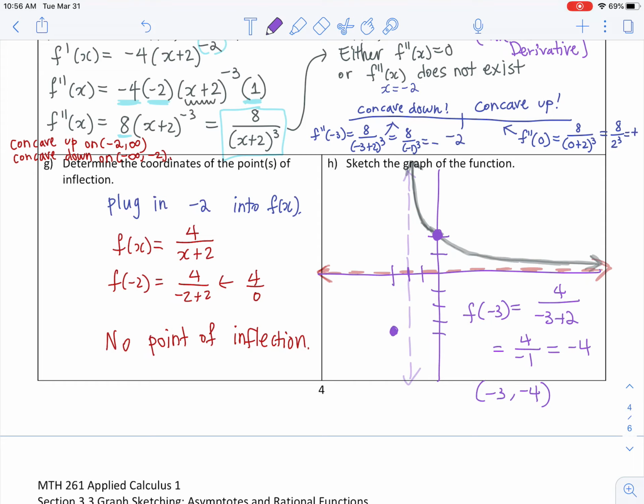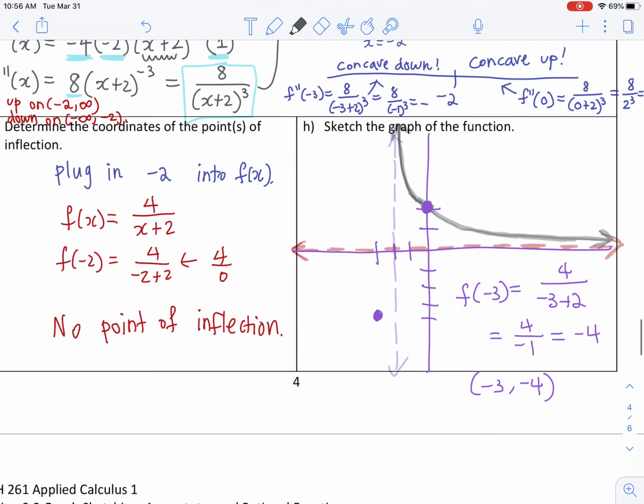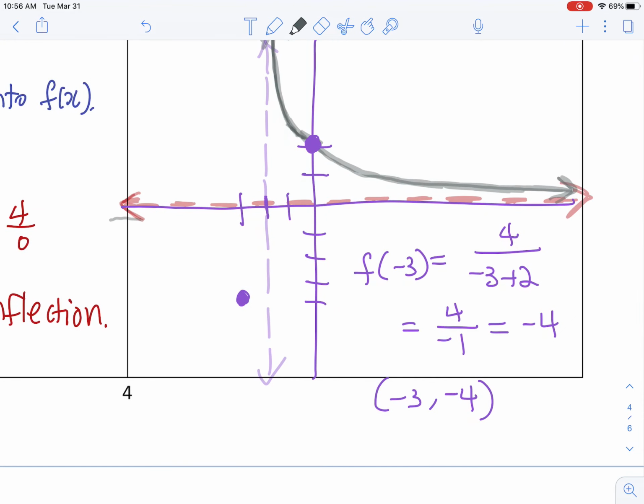Now, the more points you have, the more accurate your graph will be. But for me, that's enough, because I know this is going to be decreasing from left to right. It's just going to go down from left to right. So let's go ahead and graph something that's going down from left to right, but make sure this piece is bounded by your asymptotes. As this graph is approaching my vertical asymptote of x equals negative 2, it's just going to keep on decreasing down.